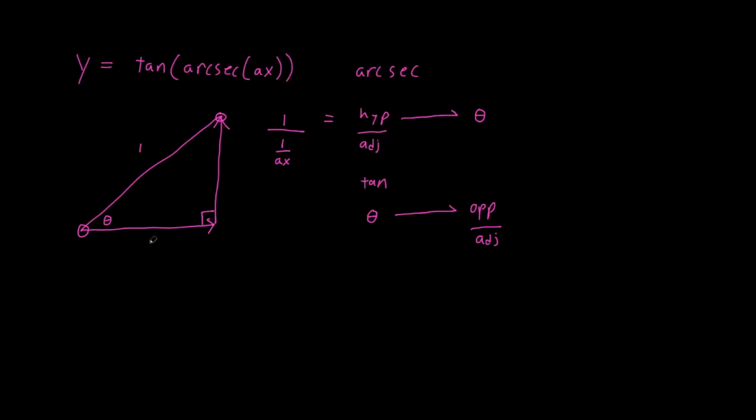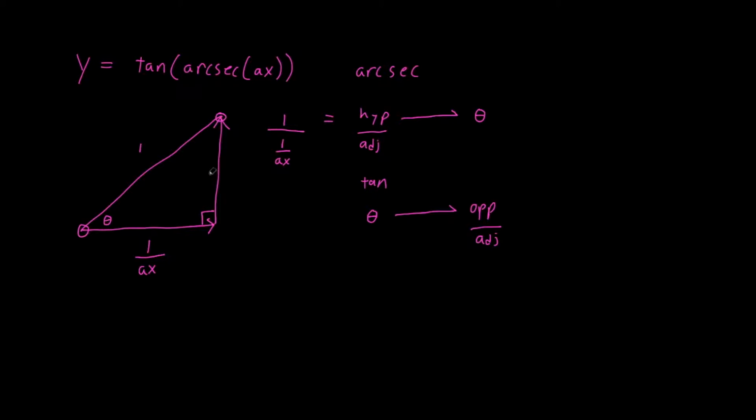So if hypotenuse is 1 and 1 over AX is the adjacent side, that actually meets our needs because the absolute value of 1 is 1, and since this vector has both distance and direction, the negative values of x are taken into account. It's not just going to be true for positive values.